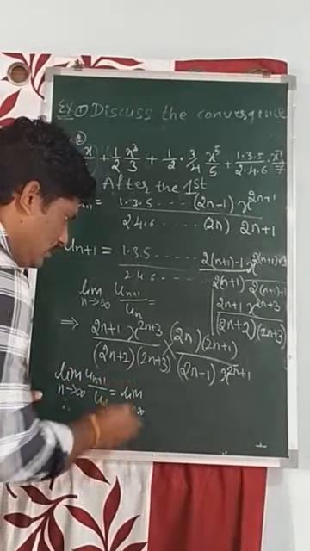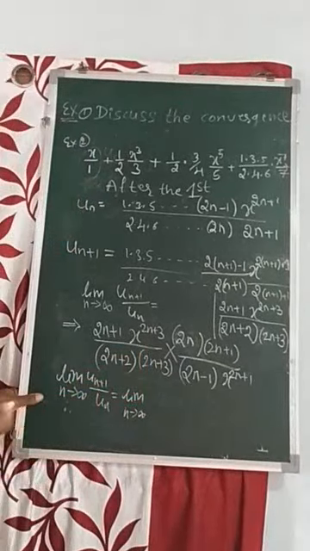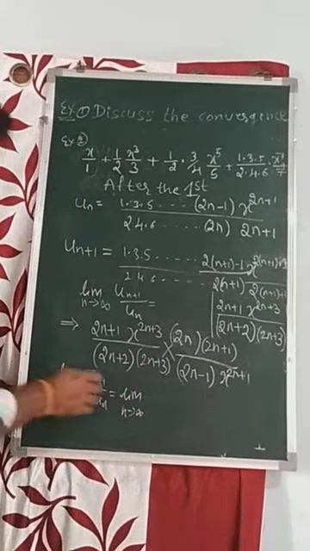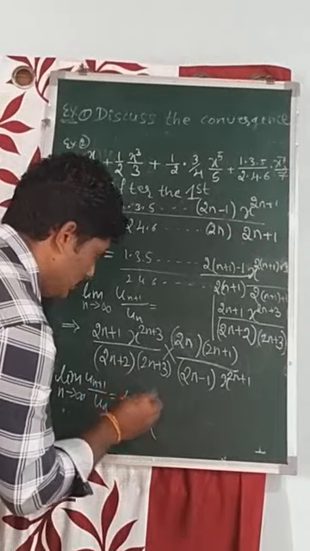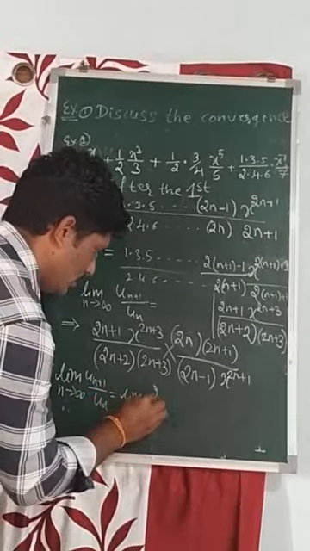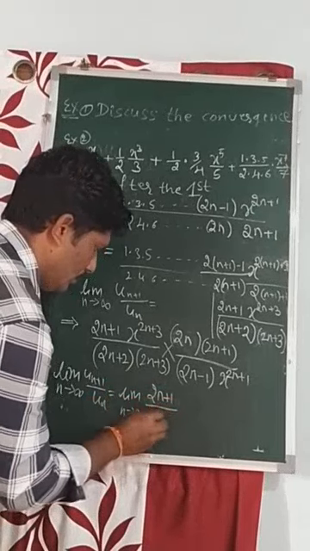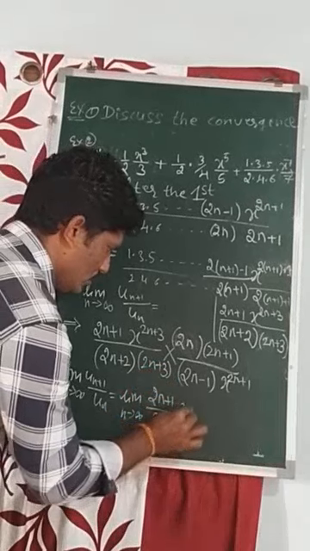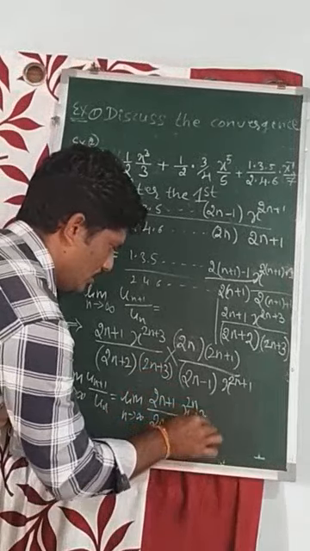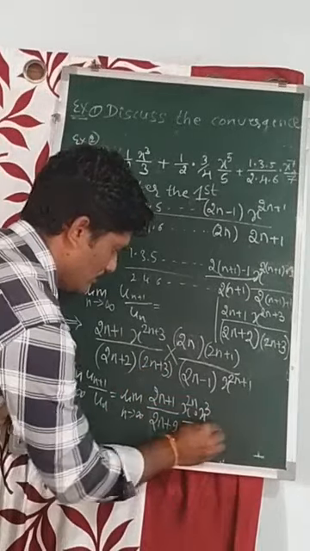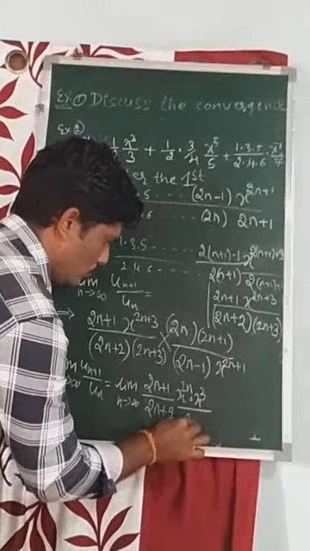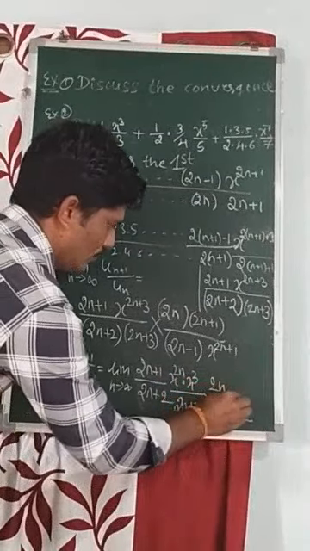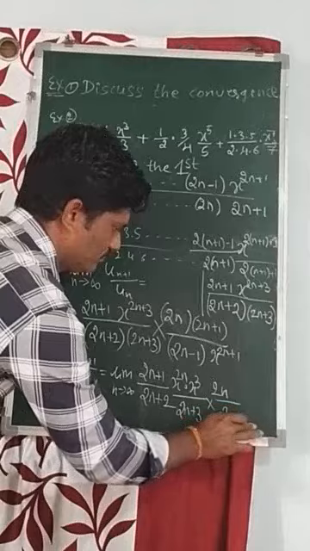Also applying the limit n tends to infinity. Take the n outside. Here 2n plus 3, 2n plus 1, this term as it is. Write another step: 2n plus 1 divided by 2n plus 2, x raised to 2n, x raised to 3, divided by 2n plus 3 into 2n divided by 2n minus 1.